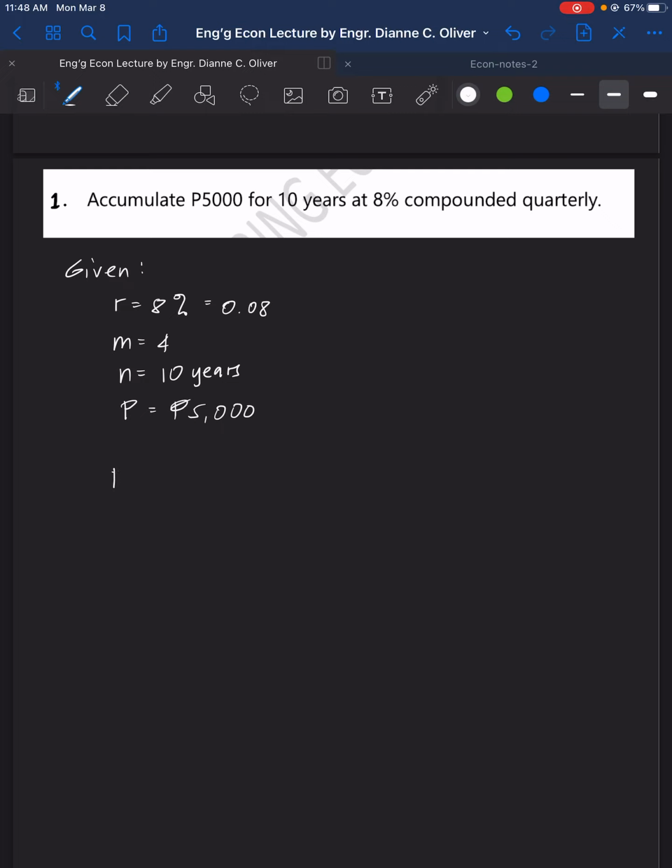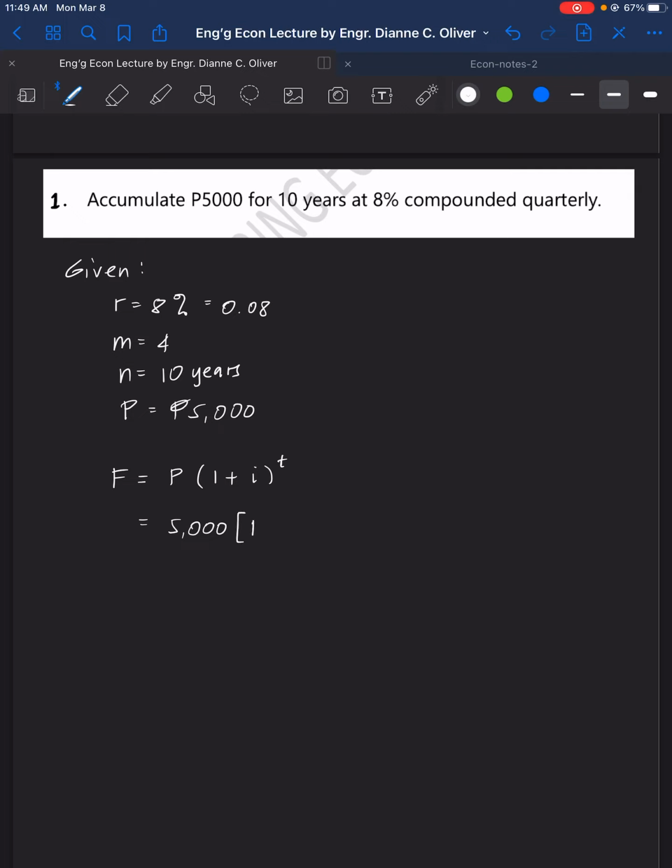The solution is using the formula from a while ago. The formula for compound interest for future worth is F equals P times (1 plus R over M) raised to T, or we can write this as F equals P(1 plus i) raised to T. Here P is 5,000 pesos.